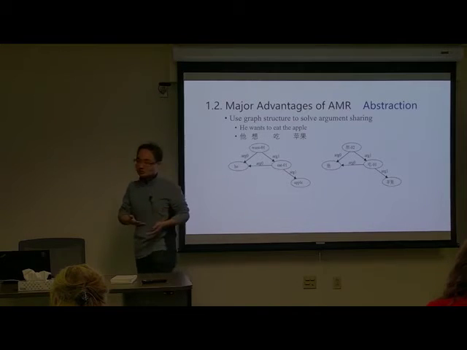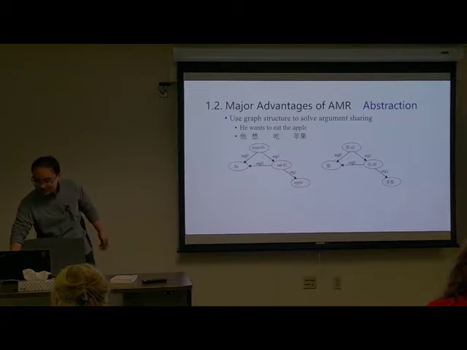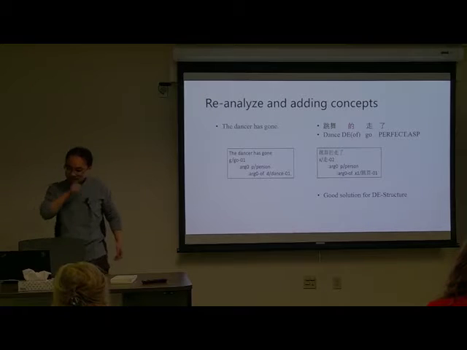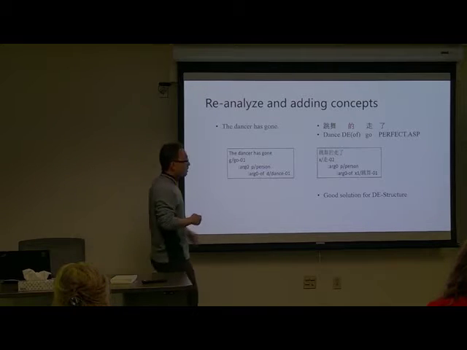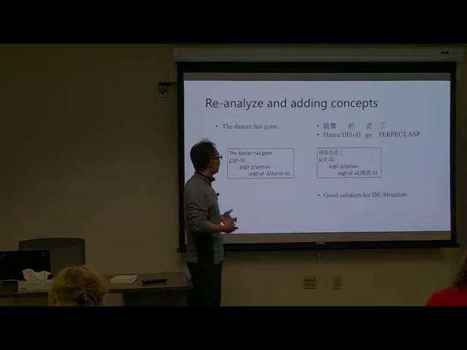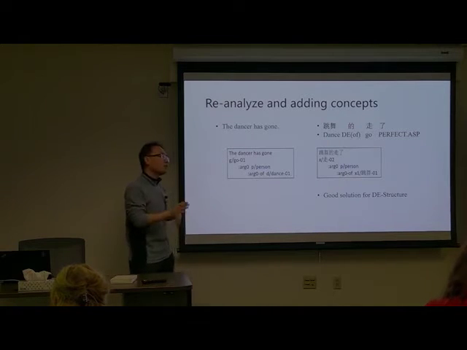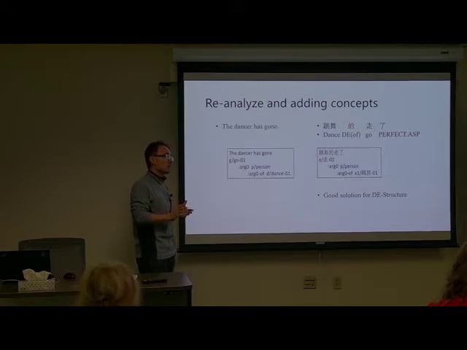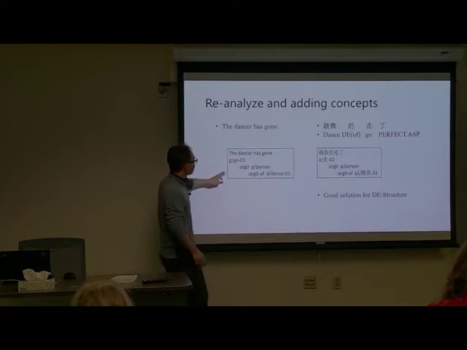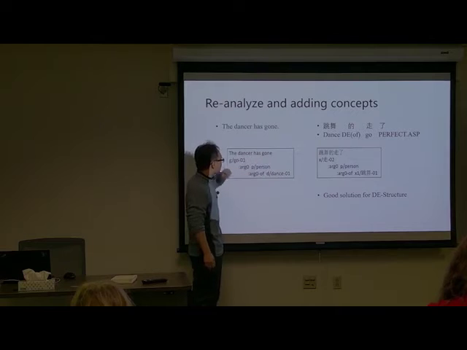So we started to do this. And AMR also supplies new ways to overcome the problems of the treebank. Something like this: the dancer has gone. The dancer has gone.